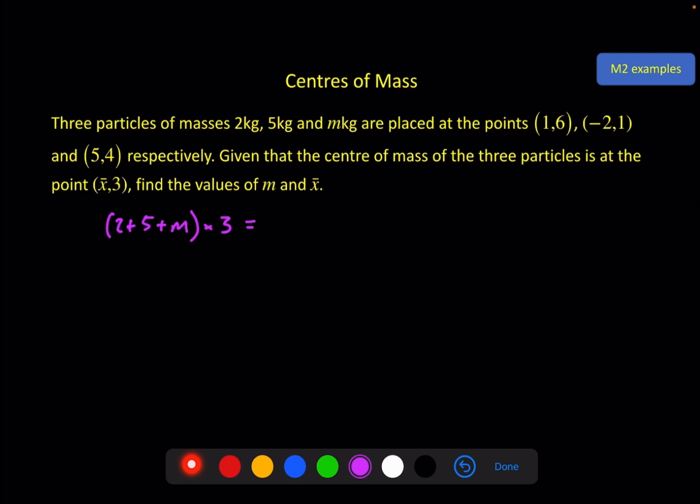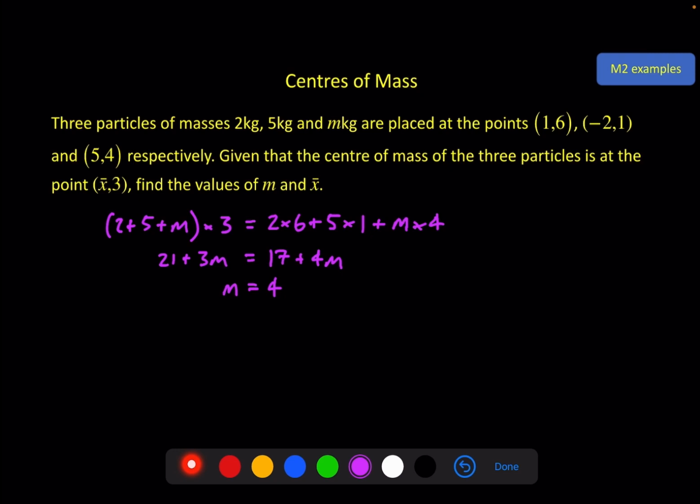So we've got the 2 mass times the y coordinate, 6, plus 5 times its y coordinate of 1, plus m times its y coordinate of 4. On the left, 21 plus 3m. On the right, 17 plus 4m. That gives us m is equal to 4.